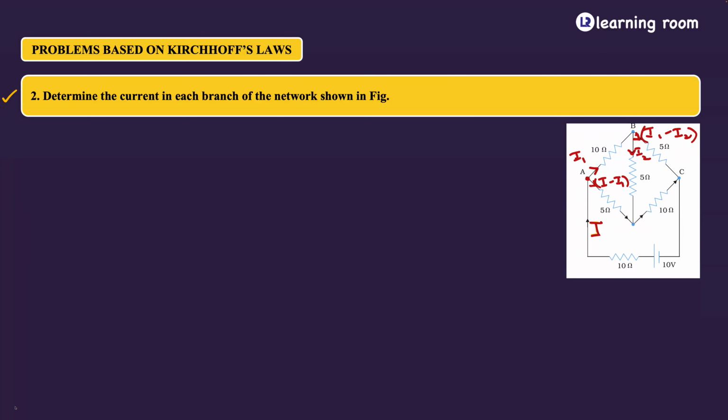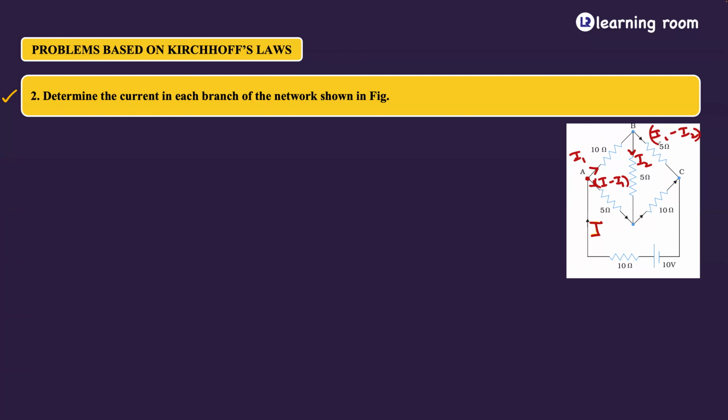It's just a variable. Here I will take it as I2, and here it will be I1 minus I2. If you want to take this as I2, you can take the other as I1 minus I2. You will still get the same answer.